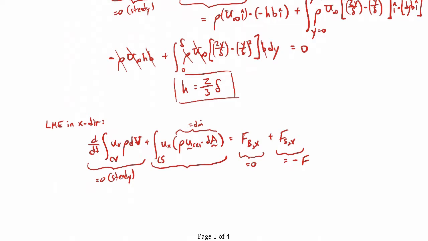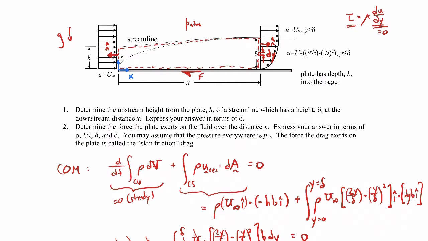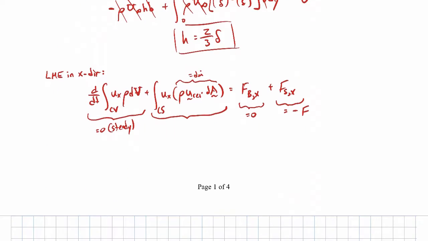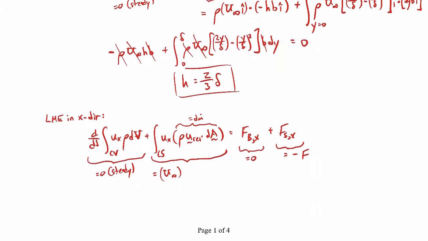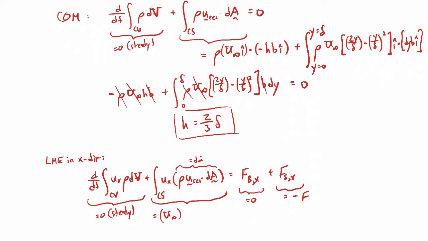Okay, now the last term that we have to evaluate is the linear momentum flux term. So let's evaluate that at the left side first, and then we'll do it on the right side. So on the left side, we'll just write out each term separately. We have the x velocity. Well, that x velocity on the left side is just equal to u infinity, and that's positive u infinity because it's in the positive x direction. And then we have the mass flow rate term, which we've already evaluated right up here. Remember from conservation of mass, we already evaluated that term.